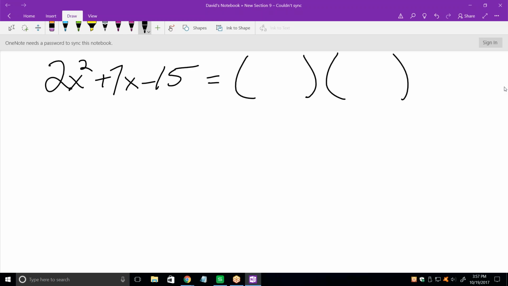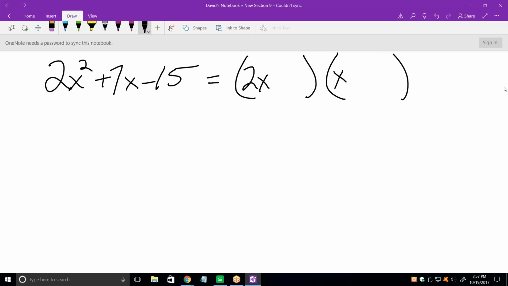Everything we've factored so far in terms of normal quadratic factoring, the coefficient of the x squared was a 1. Yeah. It's a 2. If it's not 1, it's a considerably more difficult thing to do. Still break up the x's.